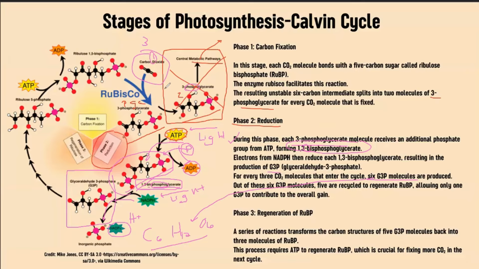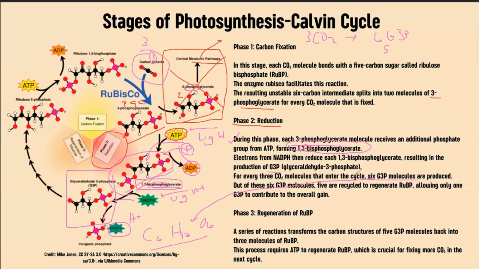So I need 3 CO2s to come in cyclically to then double to make 6 G3Ps. So what you need to know is for 3 CO2s, we're going to produce 6 G3Ps.